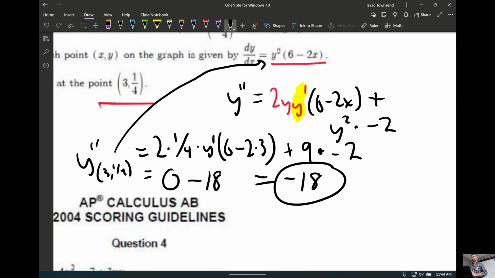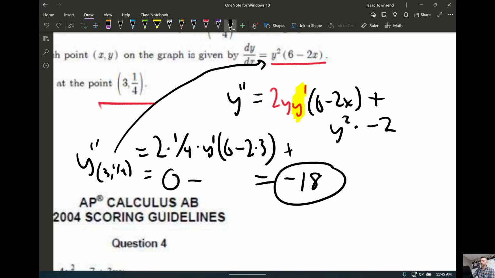Yes, Dylan? Wasn't there a y squared there instead of an x squared? You just did 9. So wouldn't it be 1/8? This? No, toward the end of the problem. Here? You plugged in x instead of y for that one. Oh, you're right, you're right. Thank you.